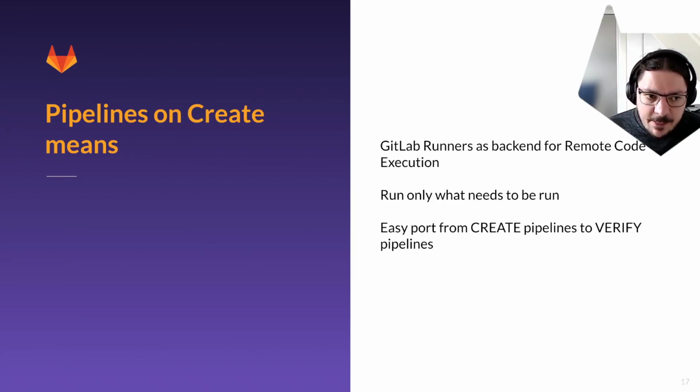And finally, since I'm already creating pipelines for create, why not just reuse the same pipelines for verify? I already created a pipeline before. I already have my steps and my stages over there. Why can't I just port that pipeline to the CI/CD part?